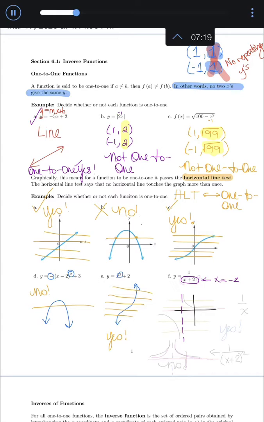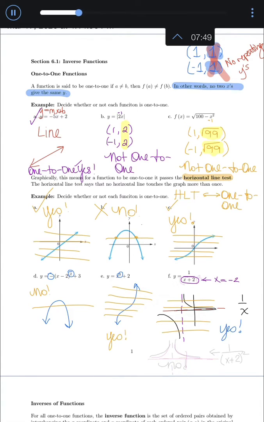Now because the bottom's bigger, you also know you have a horizontal asymptote at 0. And it looks like the 1 over x graph, so it should look like something like this. Because it looks just like the 1 over x graph, any horizontal line will only hit your graph once. So this graph is one-to-one, yes.